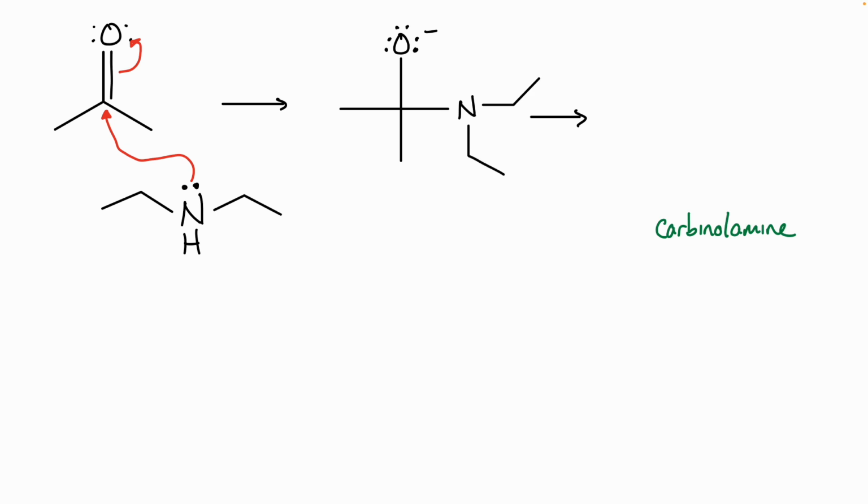That nitrogen still has that hydrogen on there, which means that it also has a positive charge. All right, so this is this intermediate we said can only exist under these neutral conditions here, because it has both a negative charge and a positive charge.